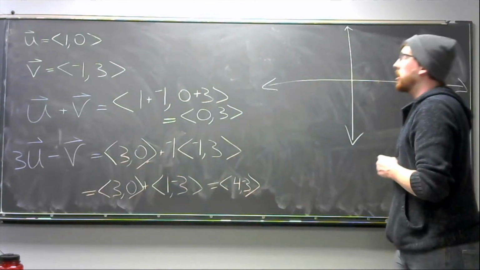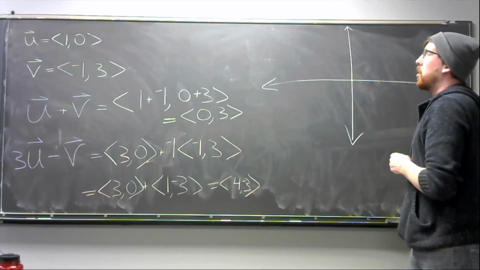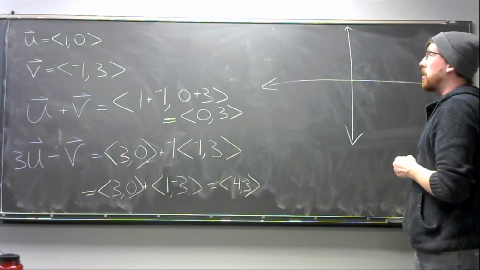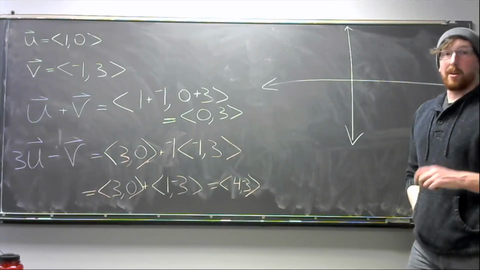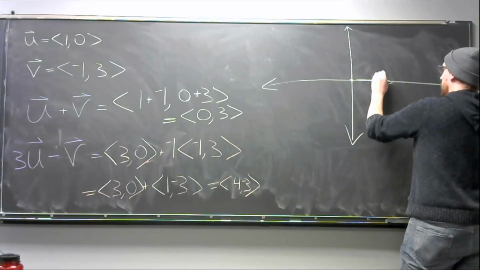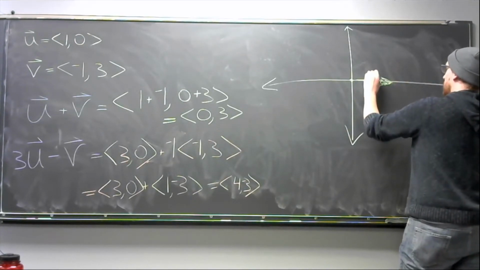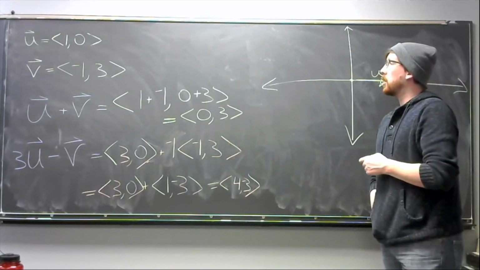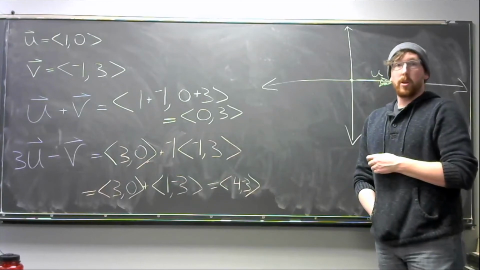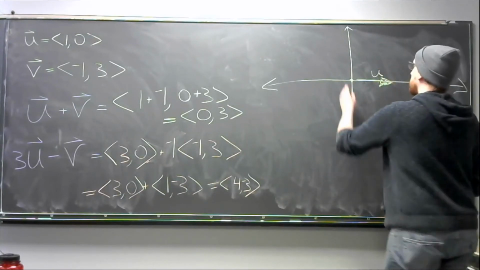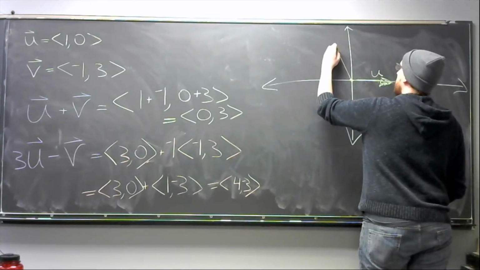The vector u, when its tail is put on the origin, is going to be the vector from 0, 0 to 1, 0, right? And the vector v, when its tail is put at the origin, well, it's going to be the vector from 0, 0 to -1, 3. So that's going to be something like this.